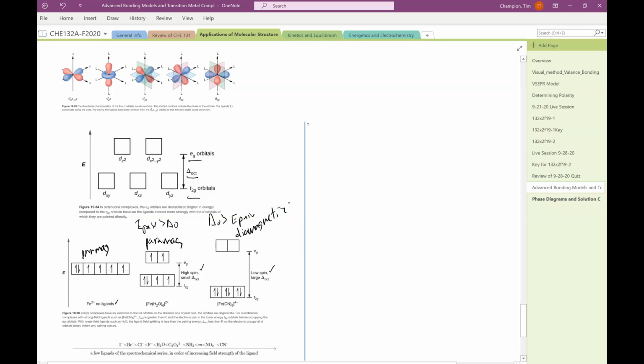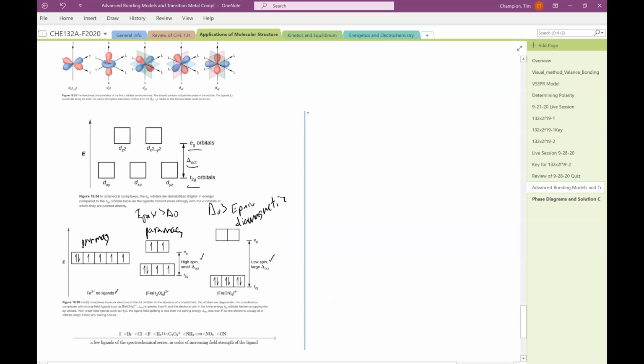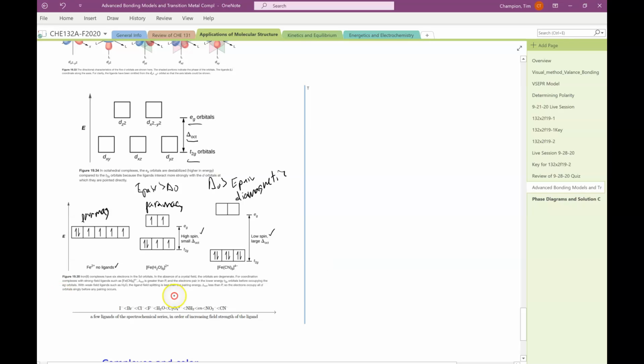Now, the low spin and high spin cases can be tracked by talking about something called the spectrochemical series. The spectro part talks about basically what we see when we're measuring the light that's absorbed or emitted by these things.